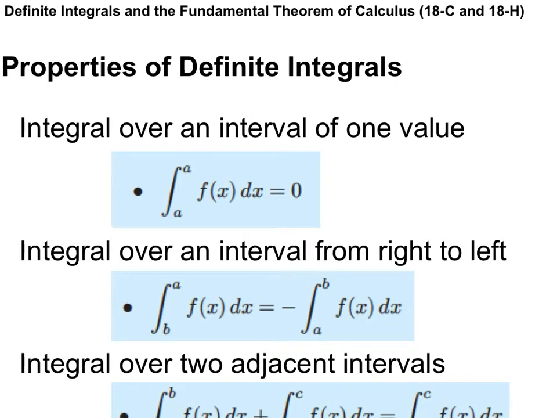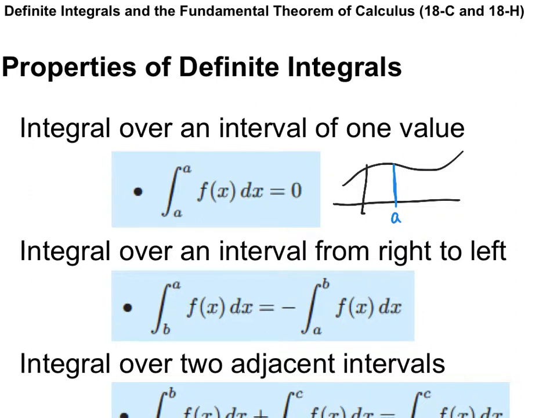Let's flash back to geometry. Okay? When we had some kind of a function, if this is a, the interval from a to a is a line segment. You guys know that a line segment has no area.